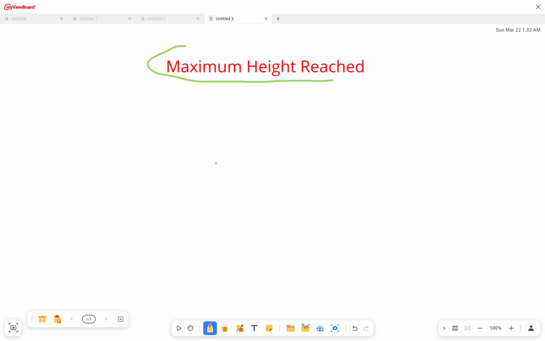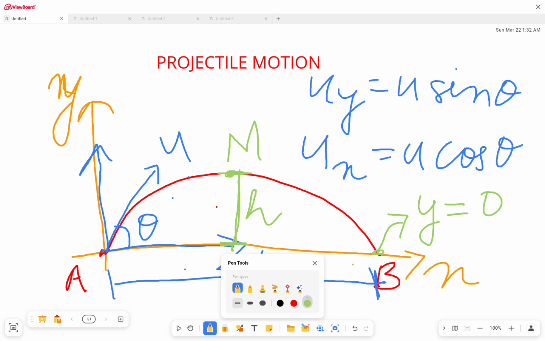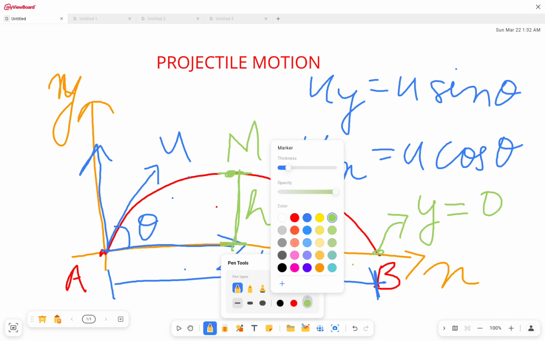Now the next parameter is maximum height reached. So what is maximum height reached? Maximum height is this point, considering it to be m, when the stone is at maximum height from the ground, this distance h.